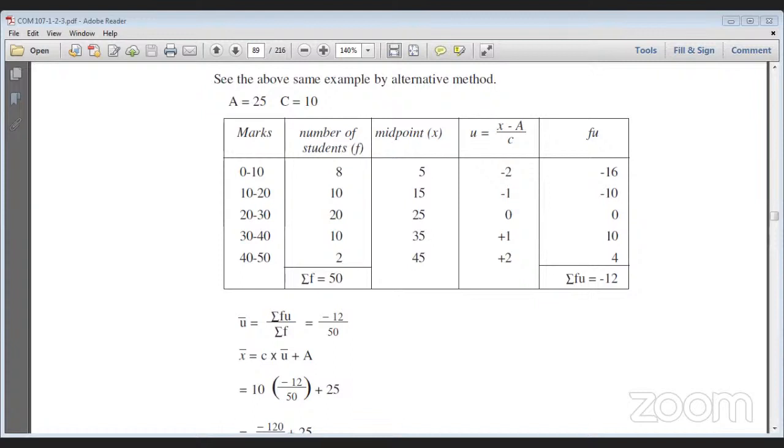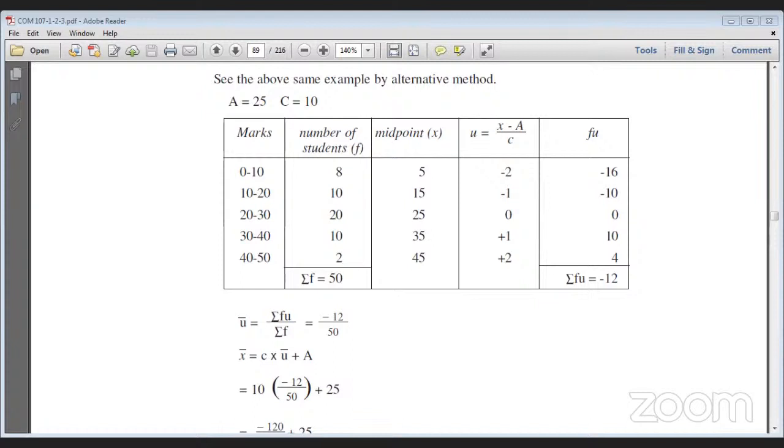approximately 15.53, and quartile 3 is equal to approximately 34.71. Quartile deviation (Q3 minus Q1) upon 2 is equal to 34.7 minus 15.54 divided by 2 will be 9.585. This is the answer.